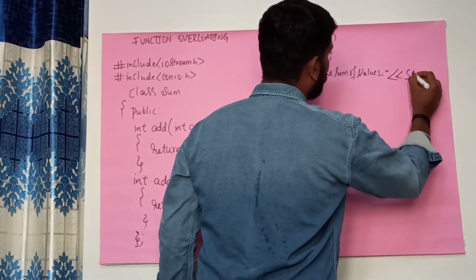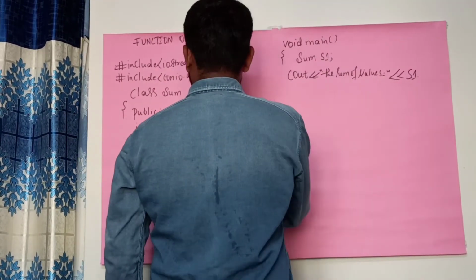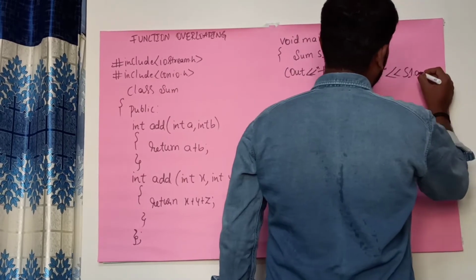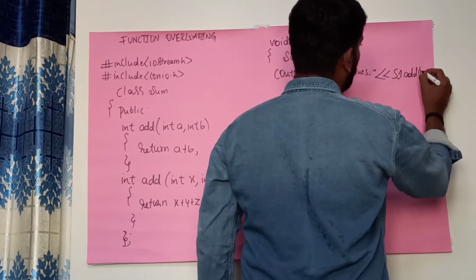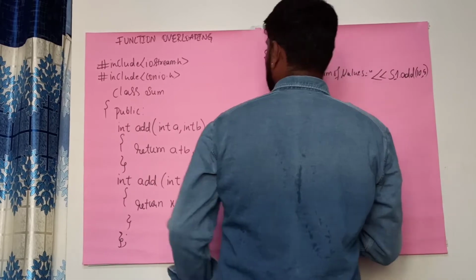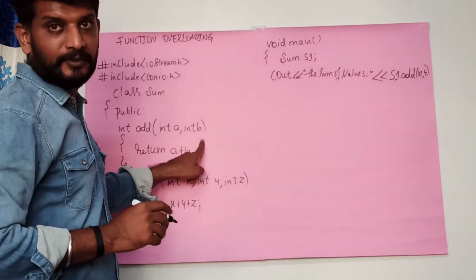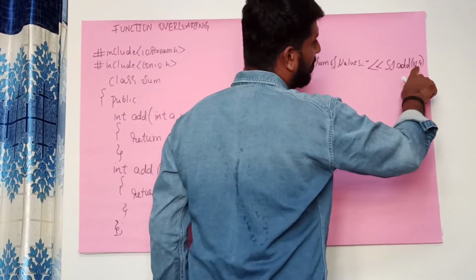So s1 is the name of the object and add is the name of the function. Since this particular function is having two arguments, I will pass two values, 10, 5.